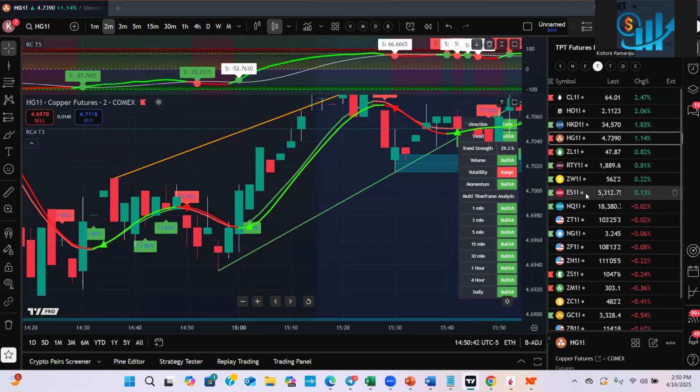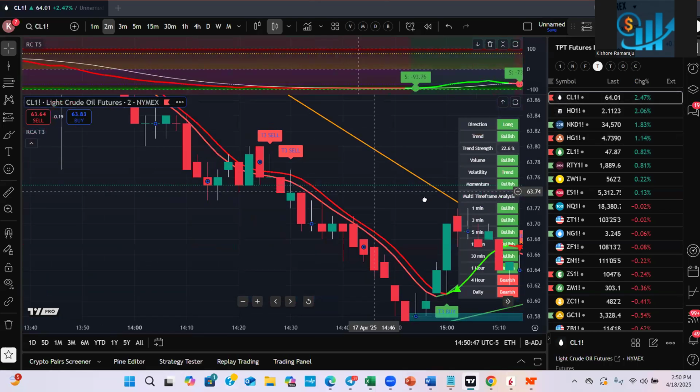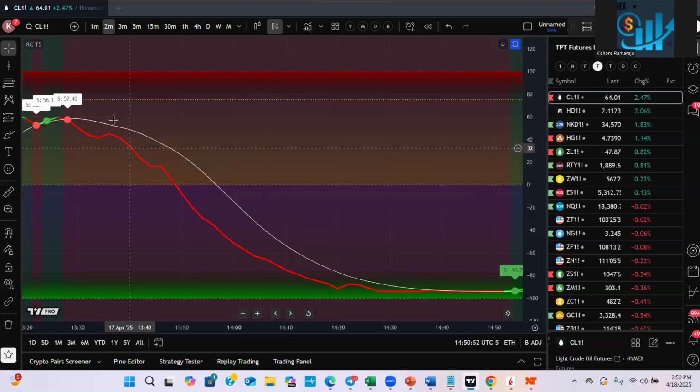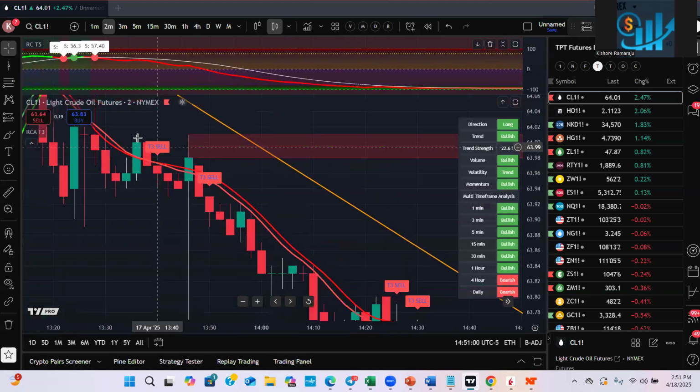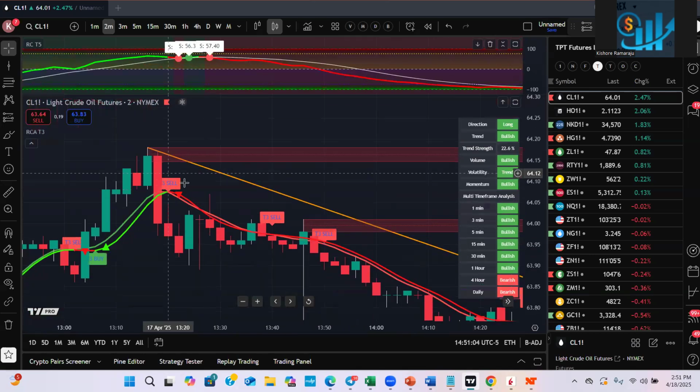Let us say here there is a nice gap between red and white. So you see that a nice gap formed here. Then whenever you get a T3 sell, you can take a short and make profits.